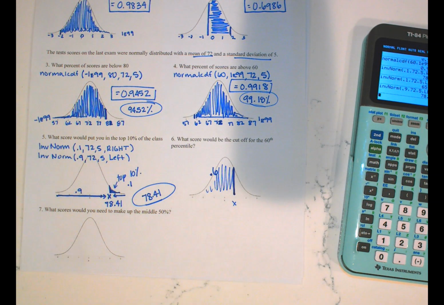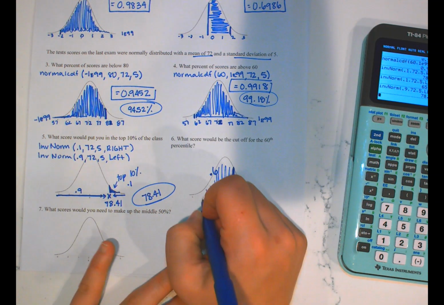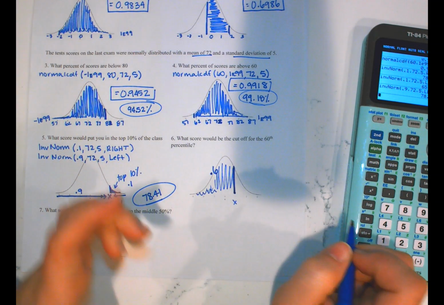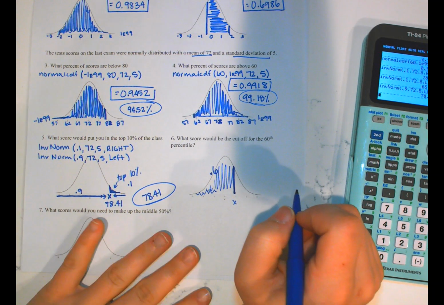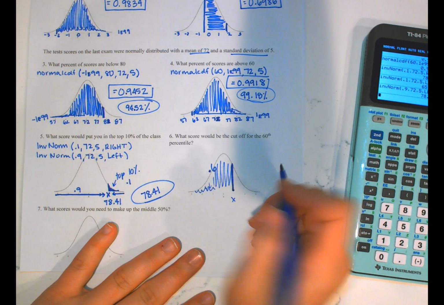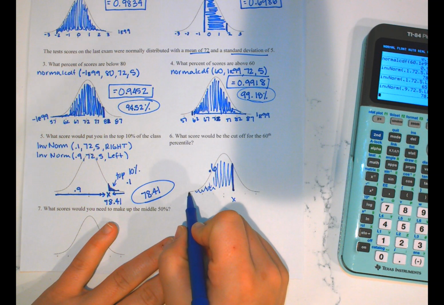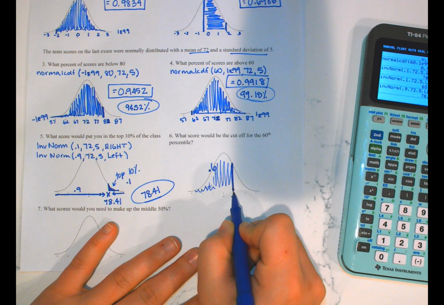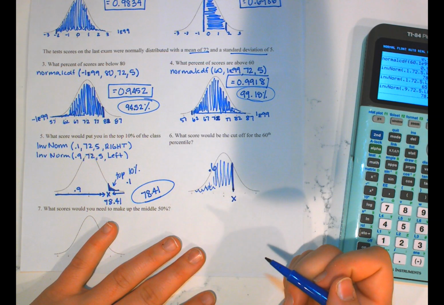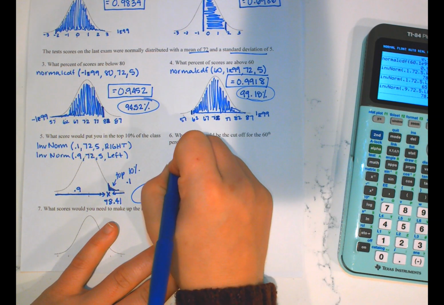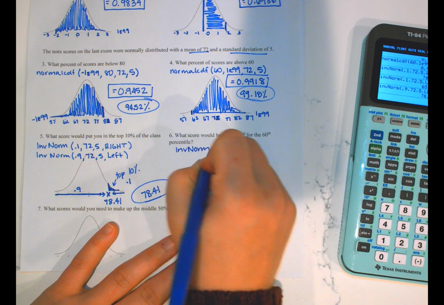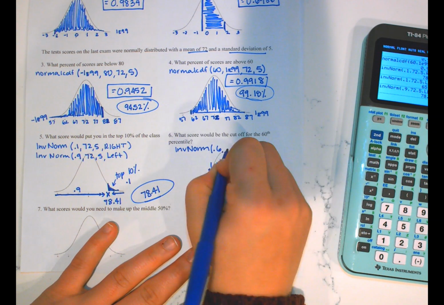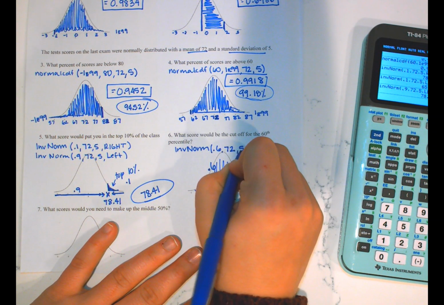So now it doesn't matter what kind of calculator you have because we're coming from the left anyway. So again, my area that I know that I've used 0.6 of the area, and I want to find out what value is the marker for our 60th percentile. So I'm going to do my inverse norm. My area is 0.6, my mean is 72, my standard deviation is 5.